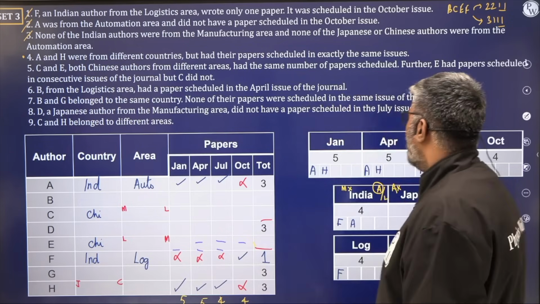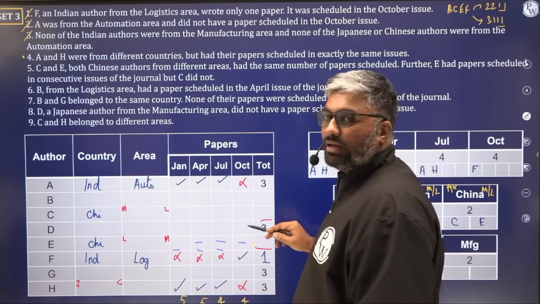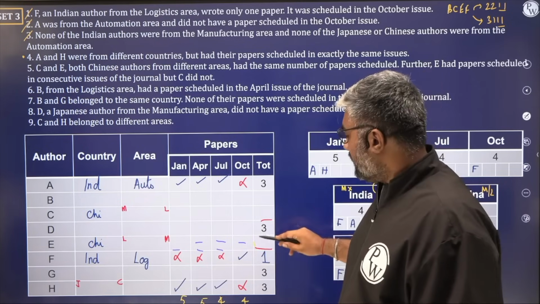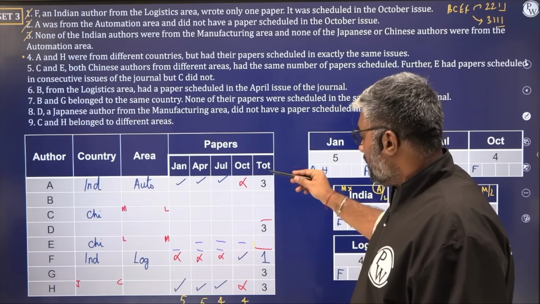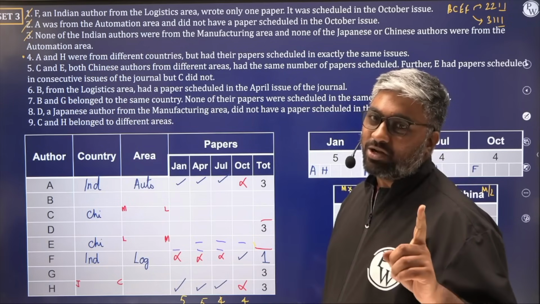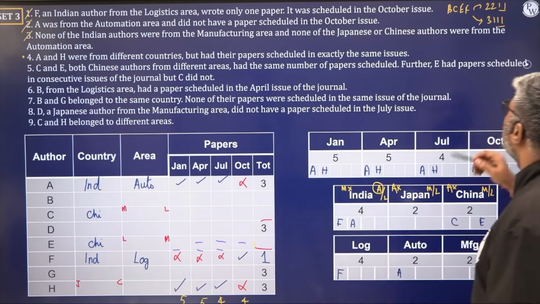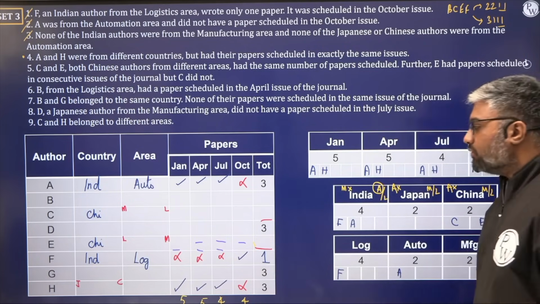That's the overall idea. But can E give 3 papers? No. Why? If E gives 3 papers, then C will also give 3 papers. That will make it 6 people giving 3 papers. That's not possible. All right. It could either be 4 people giving 3 papers or 5 people giving 3 papers. Right. तो वो नहीं हो सकता.